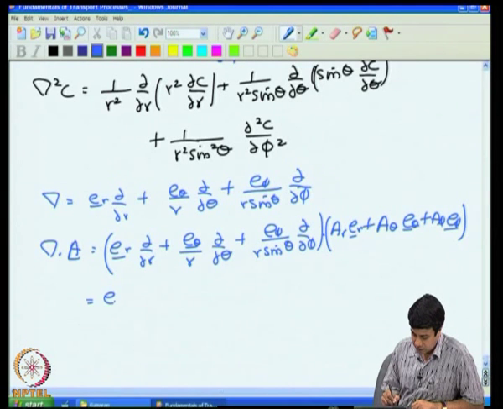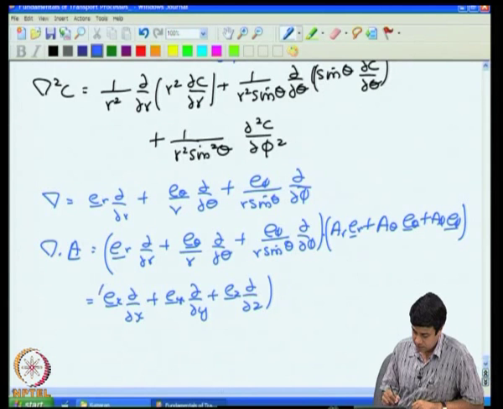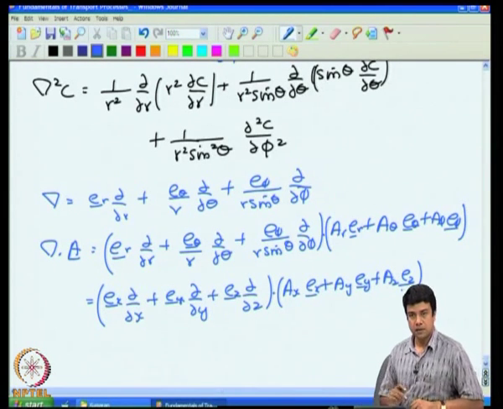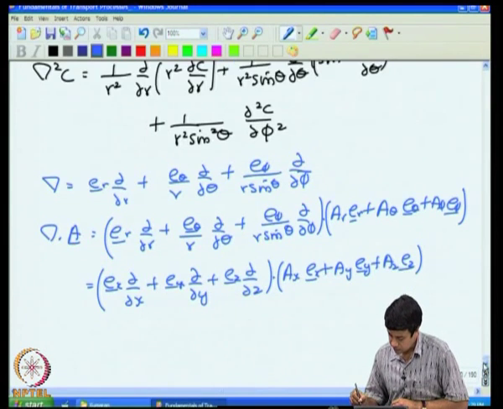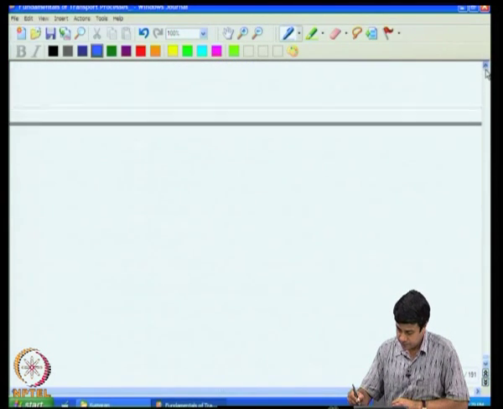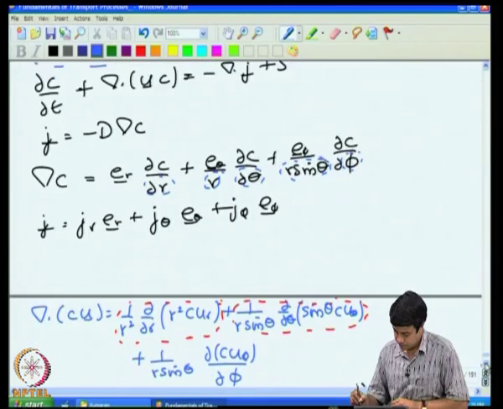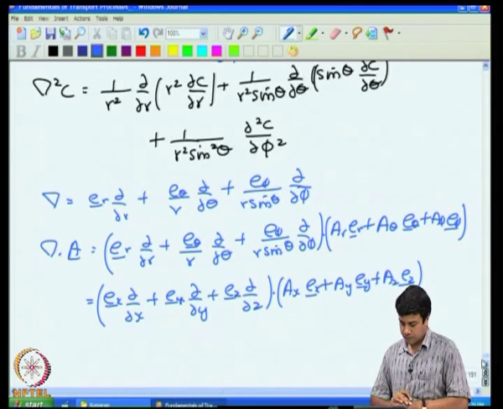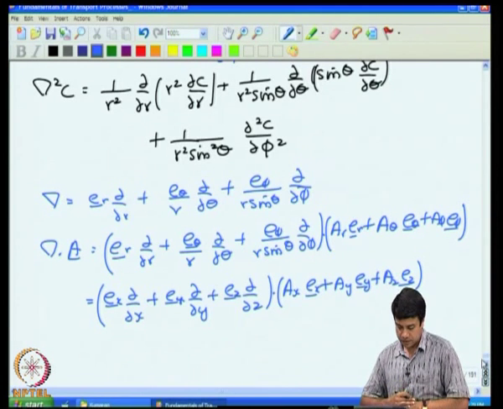If you recall, in a Cartesian coordinate system, this was E x d by dx plus E y d by dy plus E z d by dz of A x E x plus A y E y plus A z E z. And the equivalent in the spherical coordinate system.